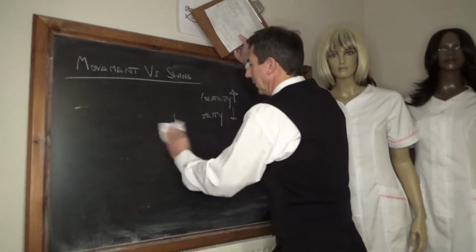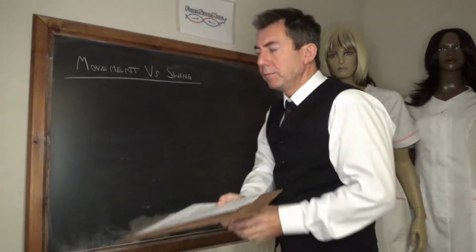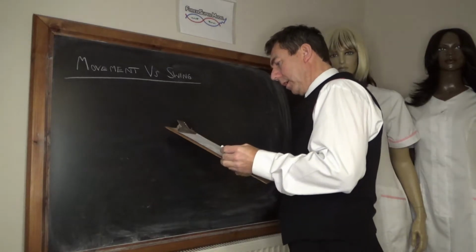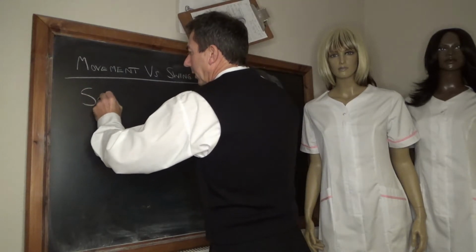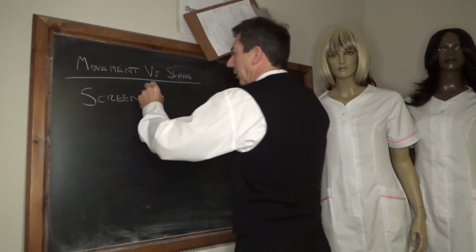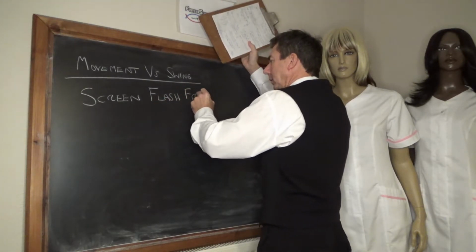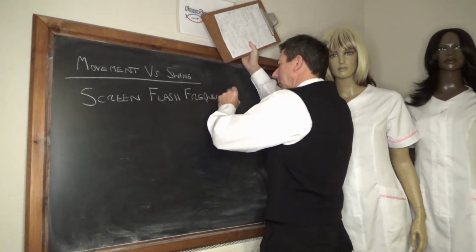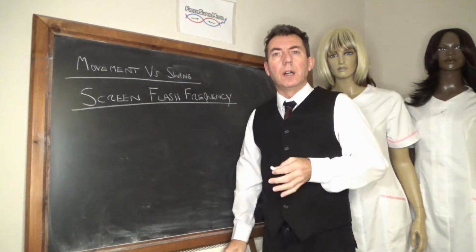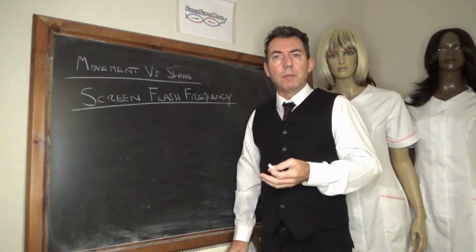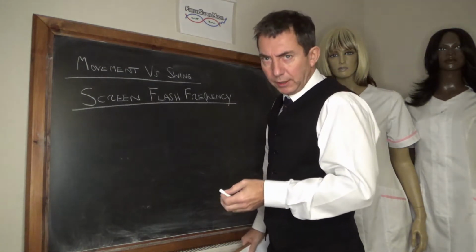Now we're starting to get a little bit more bizarre, but let's look at what's the next one: screen flash frequency. Now you probably just naturally look at this, but in our organisation we actually can monitor screen flash frequency.